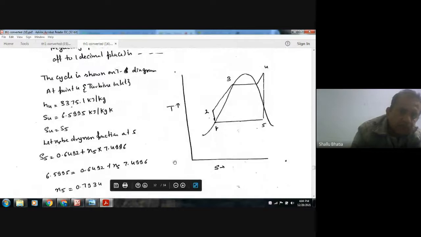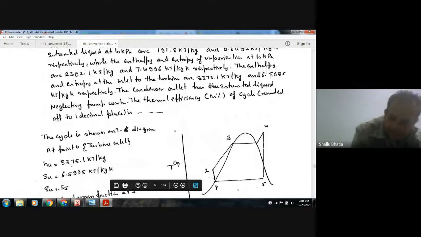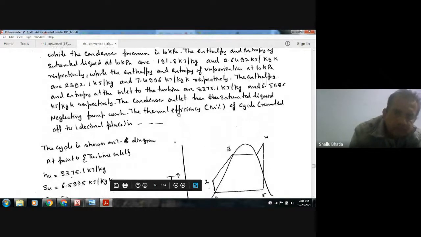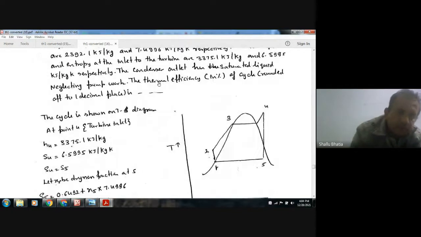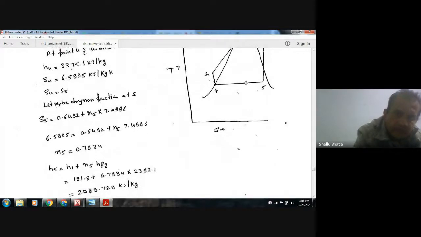So SF at 10 kPa is 0.6492 and SFG is 7.4996. Putting these values we can get x5 and then we can find the enthalpy.